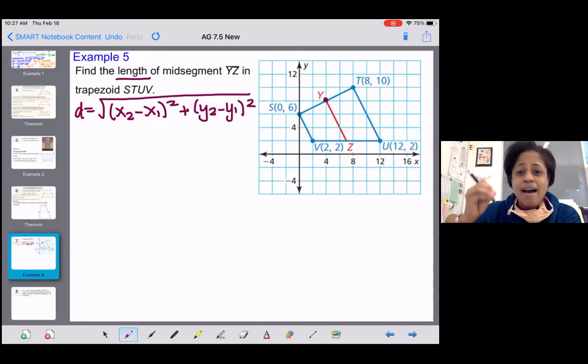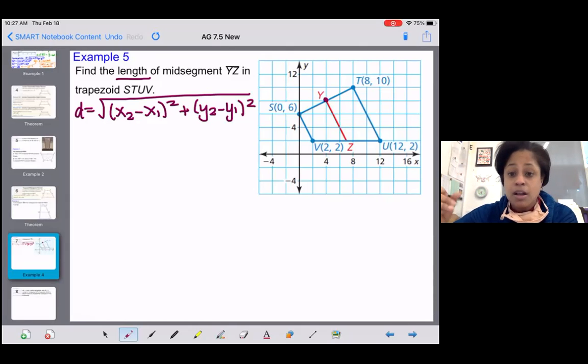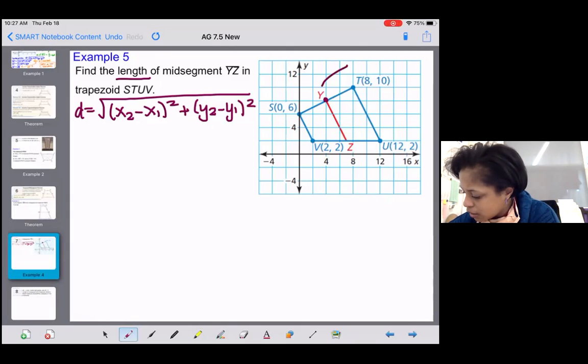So that means Y has to be a midpoint because it tells us that the segment YZ is a mid-segment. So this must be the midpoint of ST.